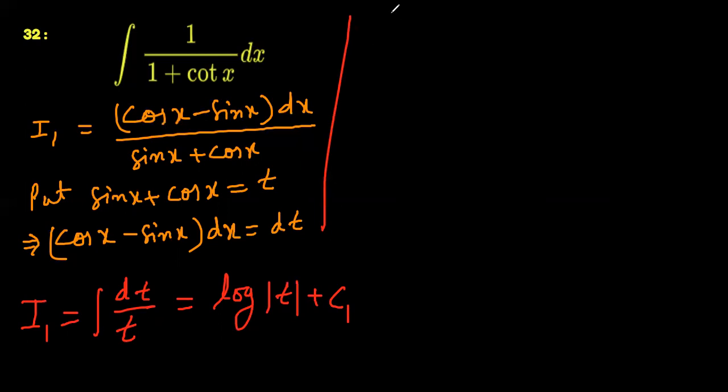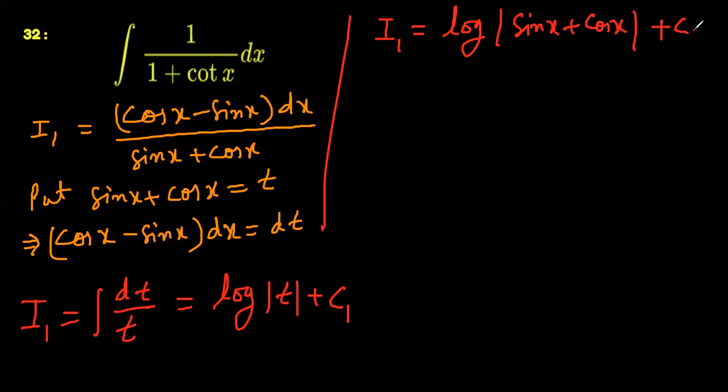Finally, we want to write our I. Should we retain the value of t before writing this integral I? So I1 will be equal to log of, in place of t, we retain the value of t, which is sin x plus cos x, plus c1.